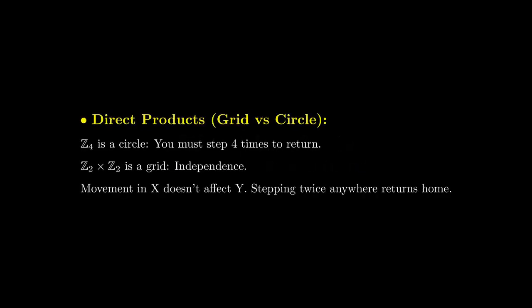And we can build new groups by direct product. Let's see an example. The group Z4 is a cyclic group, but we can build a group of the same order that is not cyclic. This group is like a grid, and it is a product of 2 groups.